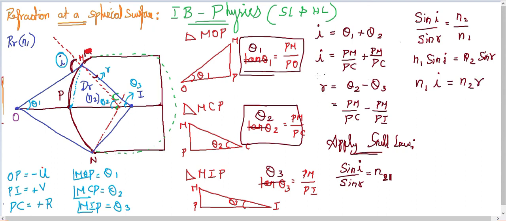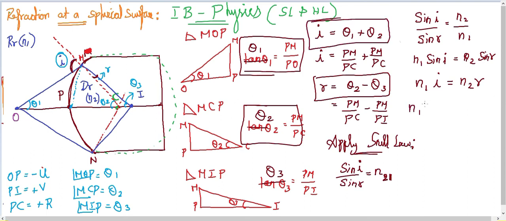I can substitute all these i values and r values in this part, n1 into, and here you can write it as Pm divided by Po plus Pm divided by Pc. I have made a mistake, Pm divided by Po here. Okay. Pm divided by Po plus Pm divided by Pc is equal to n2 into Pm divided by Pc minus Pm divided by Pi.